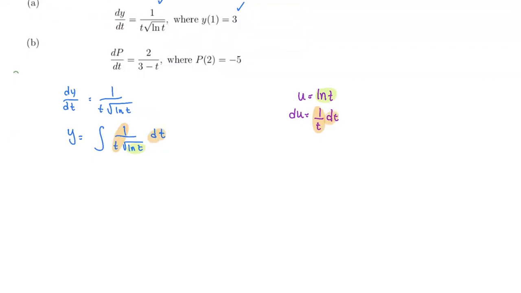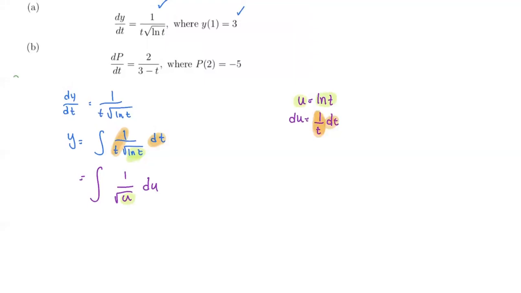And so now when I do this antiderivative, well, first u substitution, I'm going to go 1 over square root of u du. And what's going on here is that I replace the natural log of t with u, but I also replace the 1 over t dt with du, so that's where that's coming from.